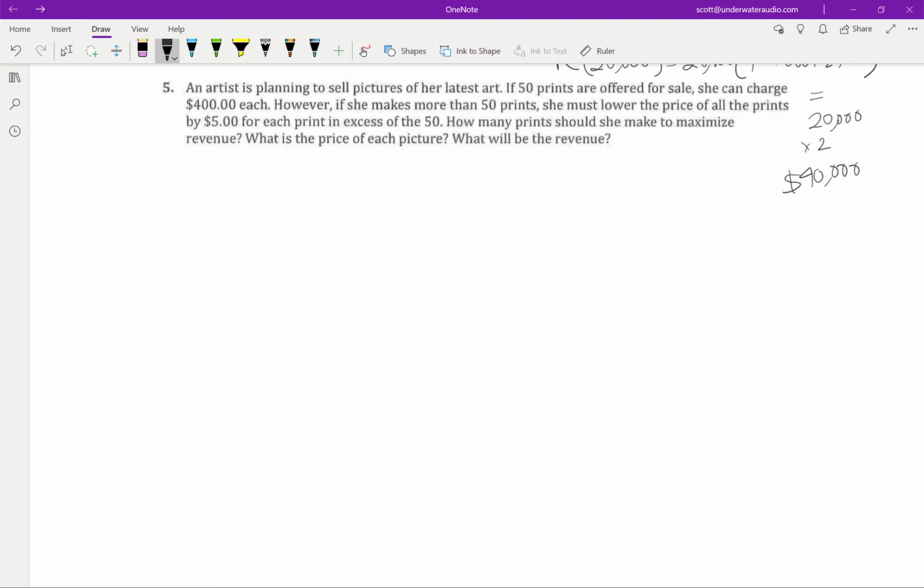Okay, so I want to try to organize this part. If 50 prints are offered for sale, she can charge $400 each. So I think we'll let x equal the number of prints.